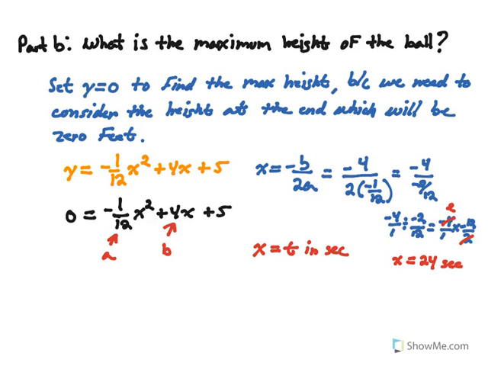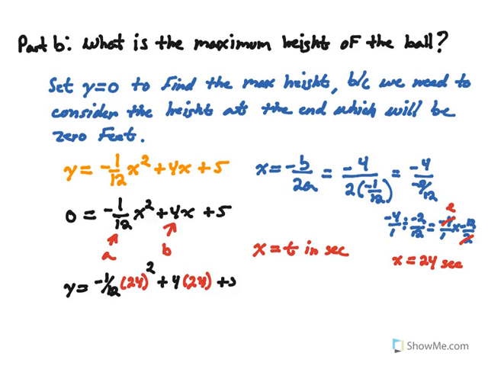So you're going back to your original equation, minus 1/12, and we're substituting 24 for x to solve for y.